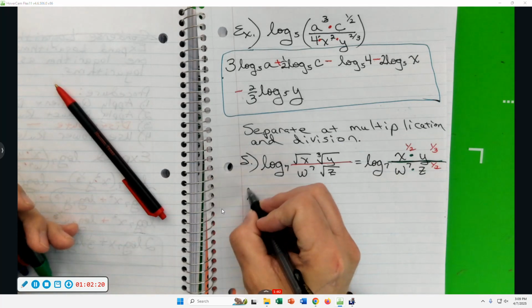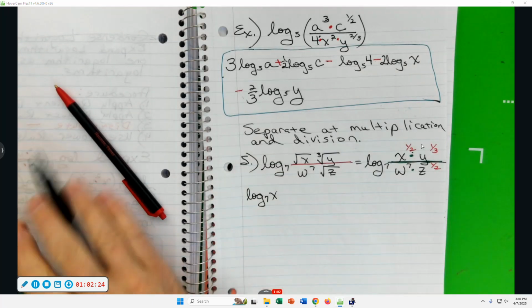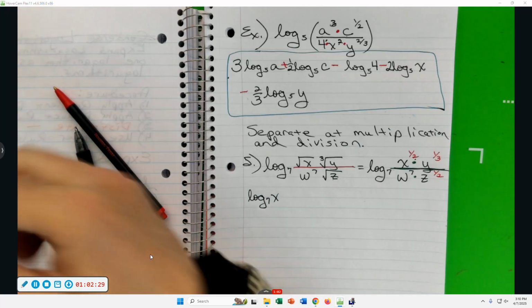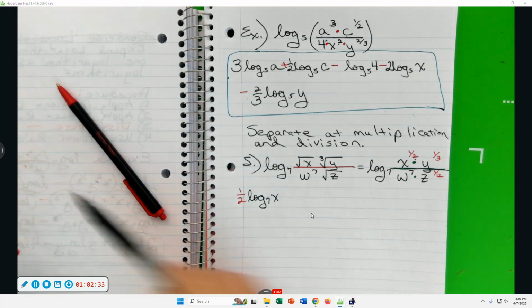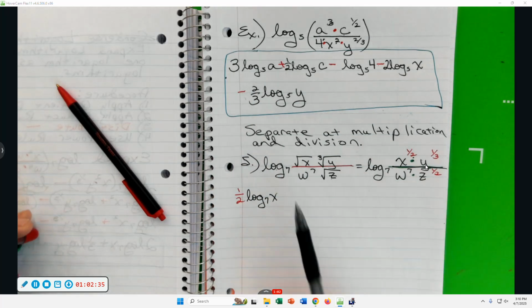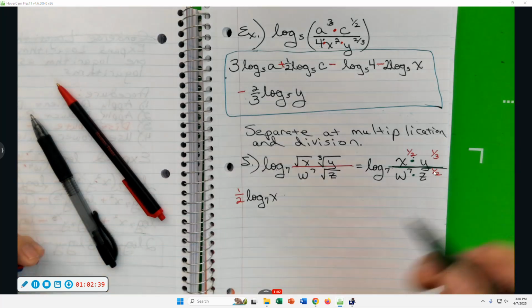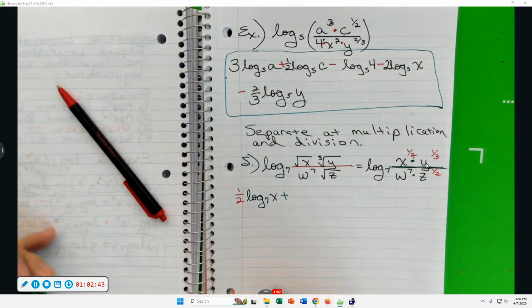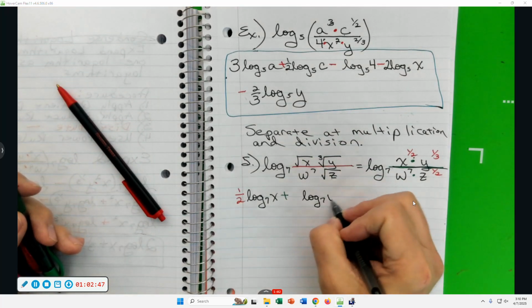We have a log base 7 of x. Where am I going to put that 1/2? In front. I agree. Now we're going to deal with that y. Will I have a plus or a minus? Plus, because the y is still up on top. So we have a log base 7 of y.